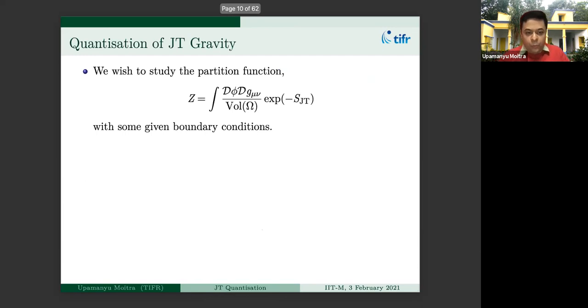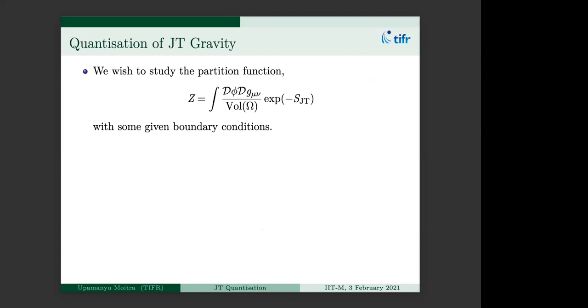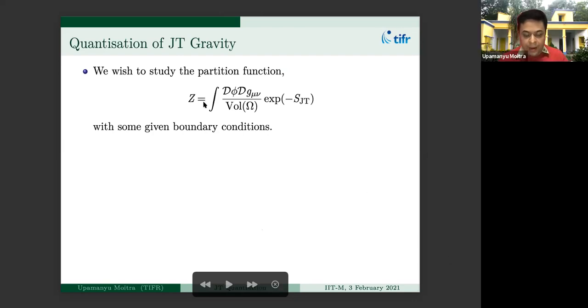Now we want to study the quantization of JT gravity in the path integral formalism. We wish to study what's called the partition function, and this partition function involves a functional integral over the dilaton field and the functional integral over the metric, quotiented by the volume of the gauge group, which are the same configurations in the path integrals.